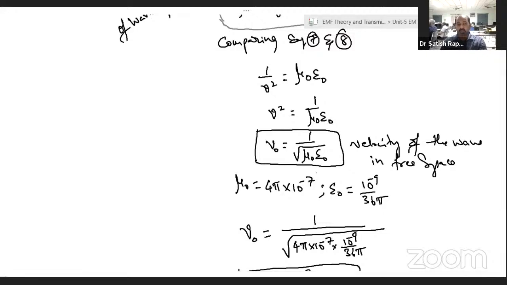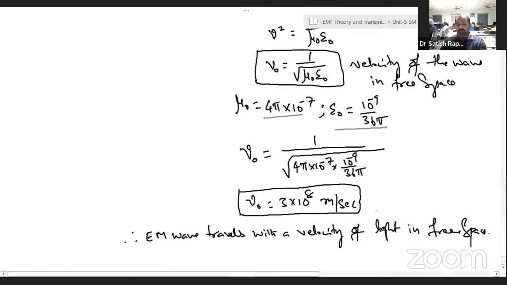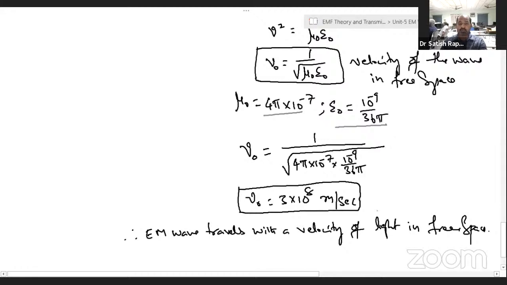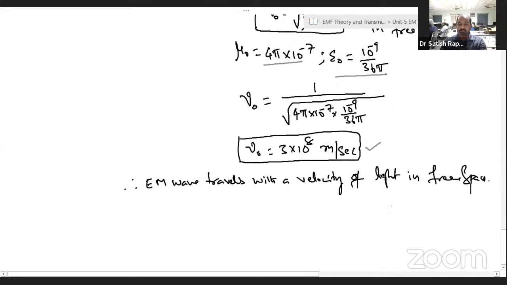Substituting the constant values of mu naught and epsilon naught in free space, we get the velocity of EM wave in free space, which is 3 into 10 power 8 meters per second, equal to the velocity of light. Therefore, EM wave travels with a velocity equal to the velocity of light in free space.